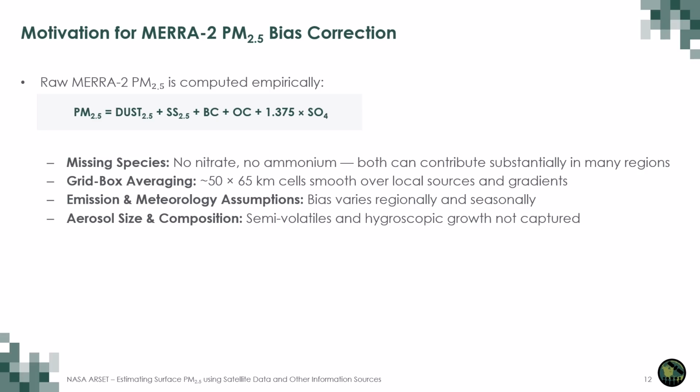You'll notice that it is missing nitrate, which can be a significant contributor in certain regions. When we validate these across the globe, we found large biases in comparison with individual stations, although it shows good consistency over larger areas.